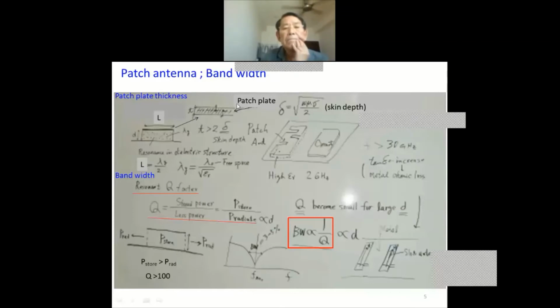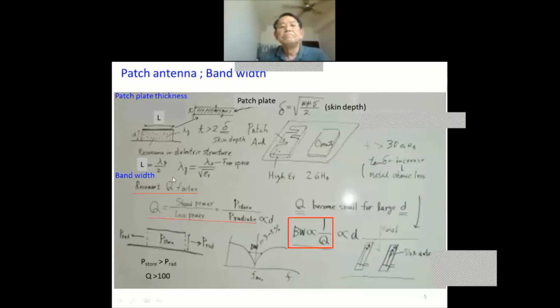So this is one condition that should be considered, the thickness of a patch plate. So this is some consideration for selecting the patch thickness.